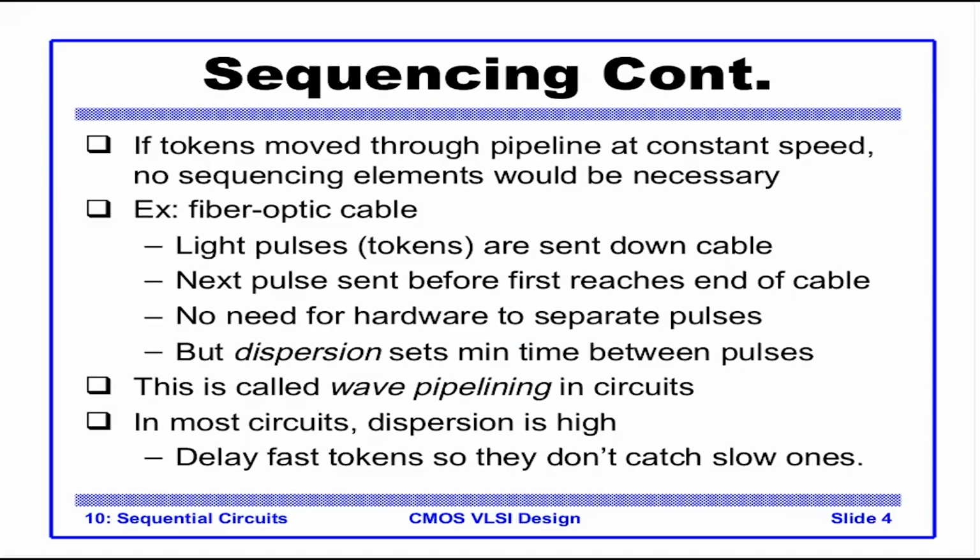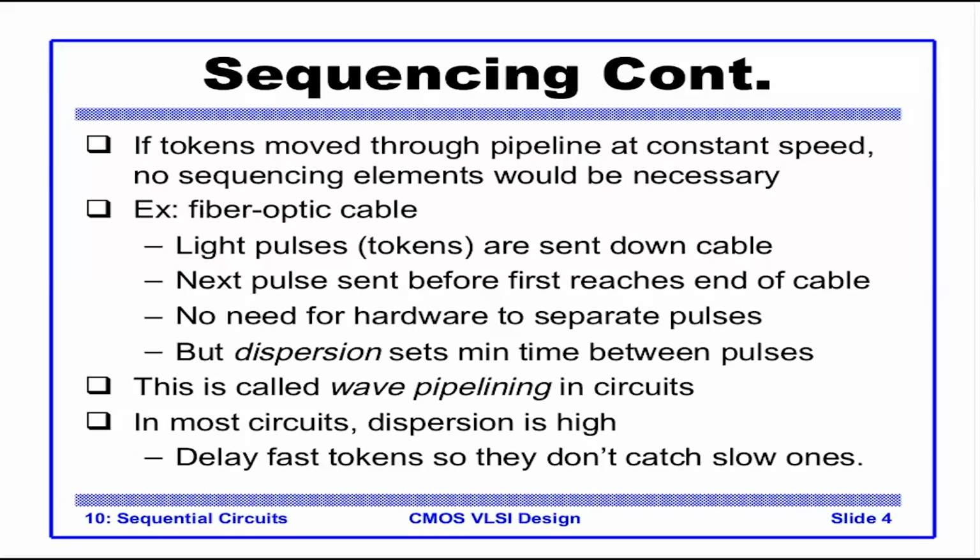The design itself guarantees that the next pulse is sent before the first pulse is at the end of the cable. It will not happen that the pulses reach the end of the cable out of order. Since this is guaranteed by the nature of the design itself, there is no need of separate hardware to separate these pulses. Although there is a physical limitation posed by the effect of light dispersion, so there is a minimum time between pulses, but otherwise no extra hardware is required.